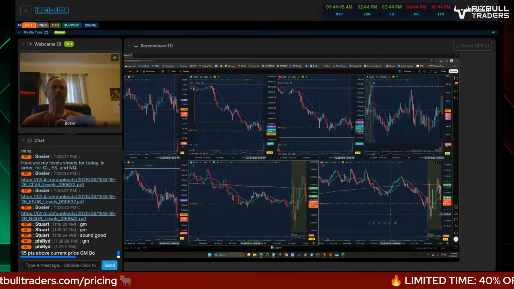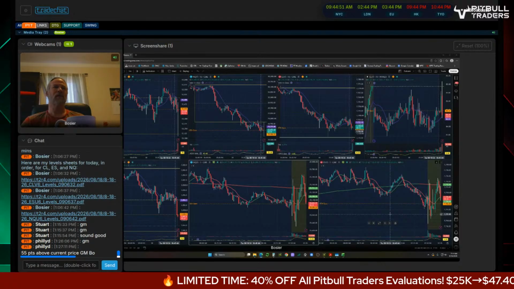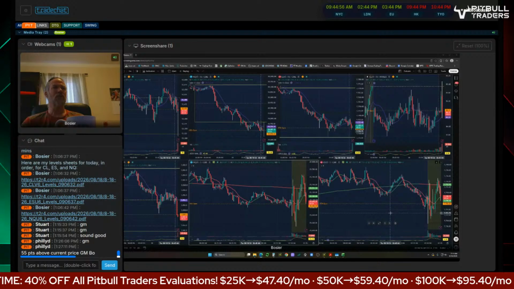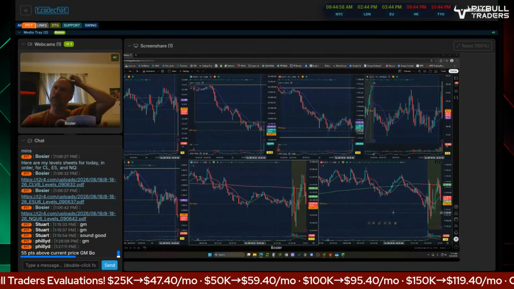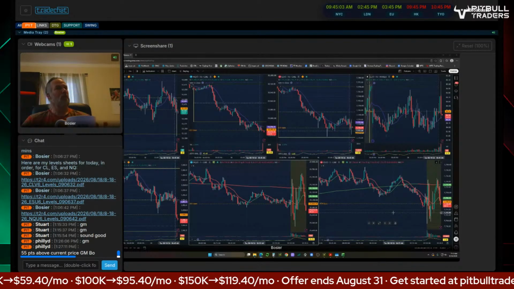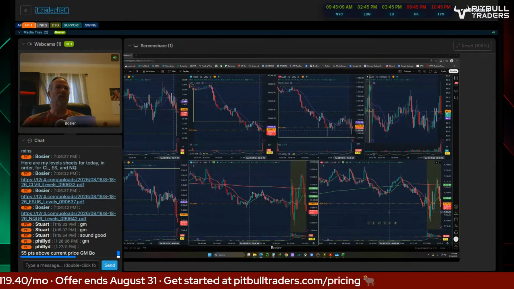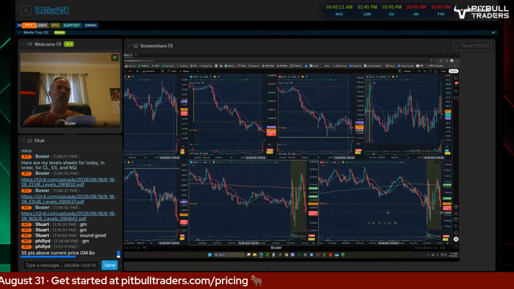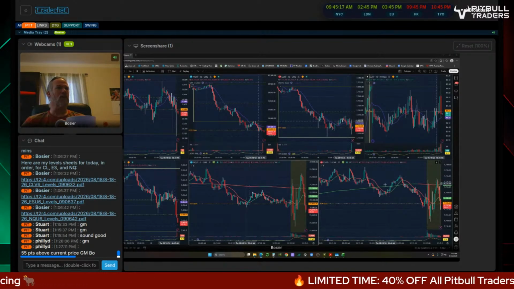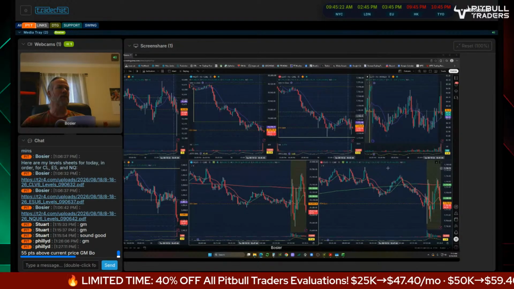I use the levels sheets for the mathematical stuff, right? But the levels themselves are still just a reflection of whether or not buyers or sellers come in and defend those points. So you can either pick them out because they're the big obvious ones, or you can let the market tell you and see, like, up in here, are we going to be able to take out this 40 level?